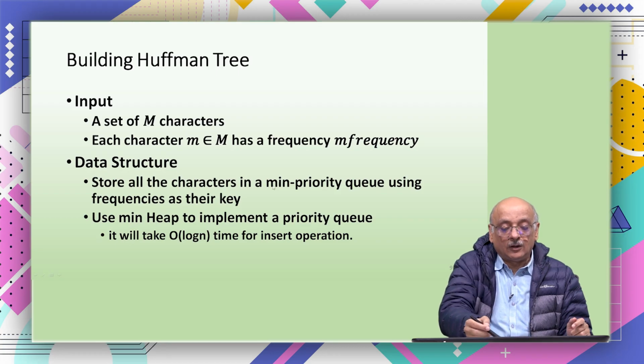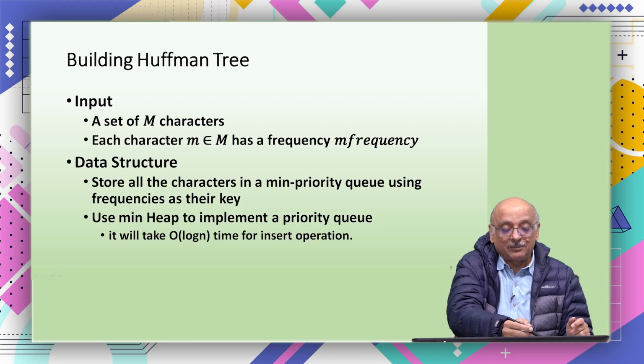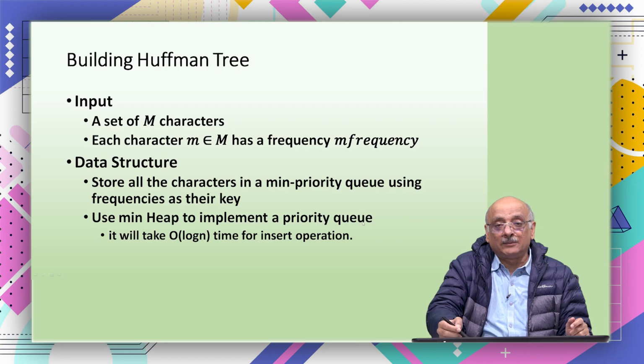Although on one side we are trying to maximize, looking at the maximum stuff, we are using the min priority queue. This is very important, and we will see in an example why we are using this min priority queue and maintaining it with the help of a min heap. So, we will be making a priority queue with the help of a heap.